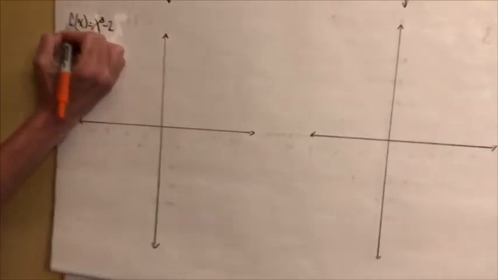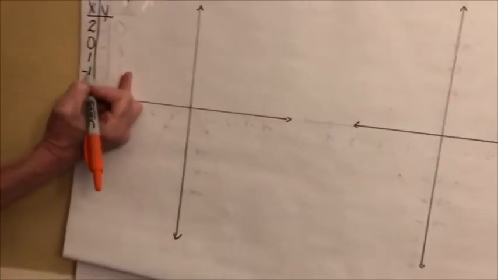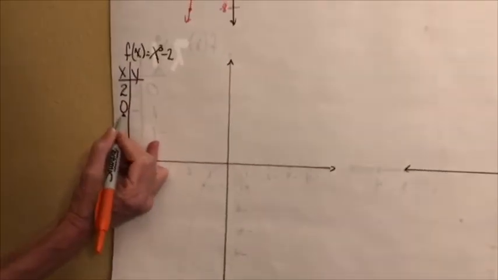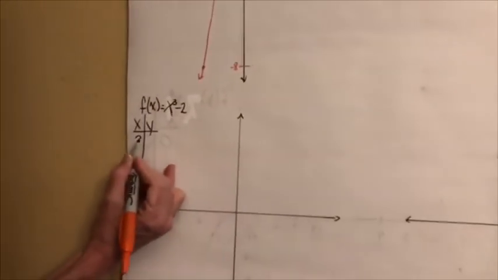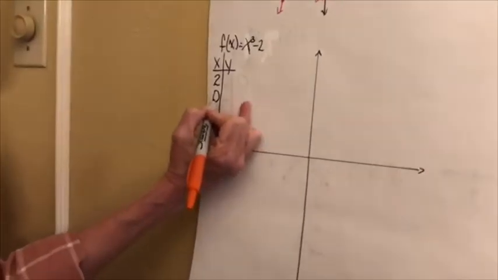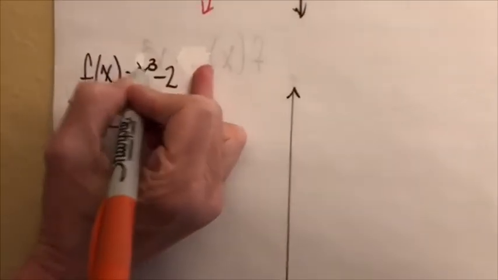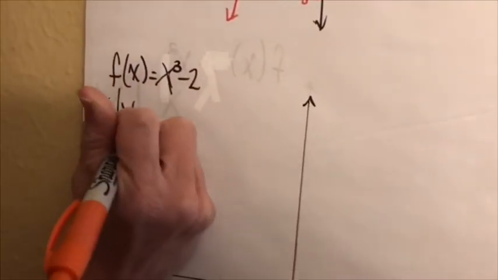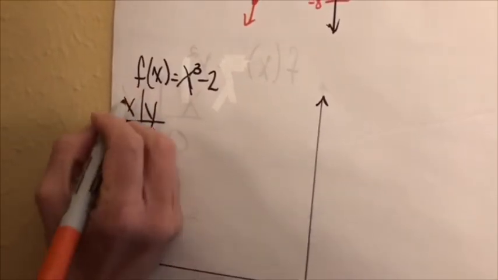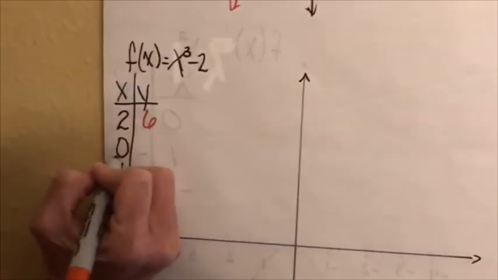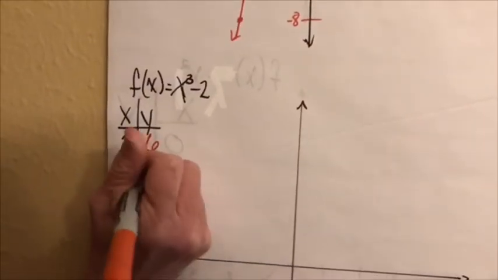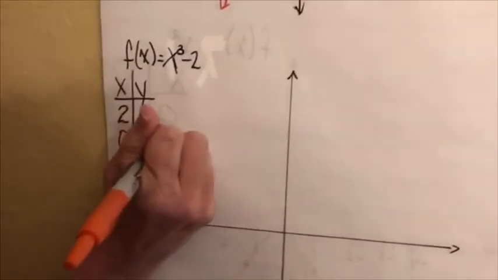Here we have f of x equals x cubed minus 2. So let's start with 2. 2 cubed is 8. 8 minus 2 is 6. So when x is 2, y is 6. How about when x is 0? What's y? Negative 2.